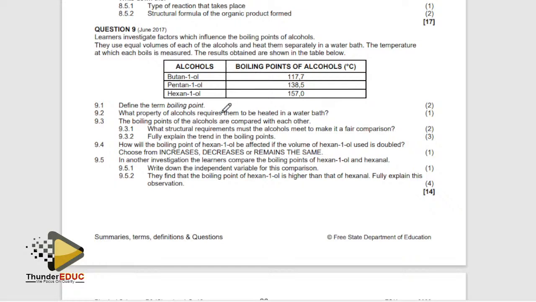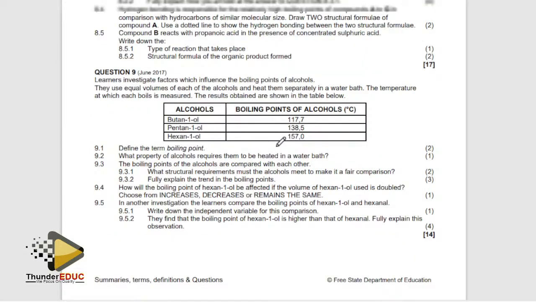Boiling is the process when the vapor pressure is equal to atmospheric pressure. But when they say boiling point, then you say it is a point at which, okay? Please make sure that you differentiate that.